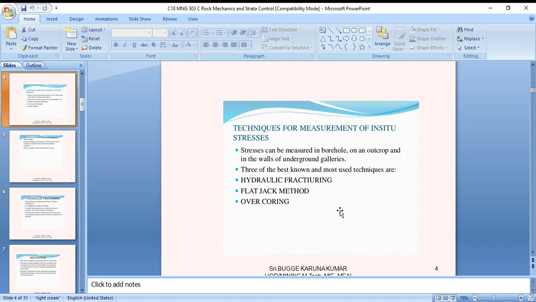Stresses can be measured in a borehole, on an outcrop, and on the walls of underground galleries. Three of the best known and most used techniques are hydraulic fracturing, the flat jack method, and overcoring. These three methods are important for the measurement of in-situ stresses.